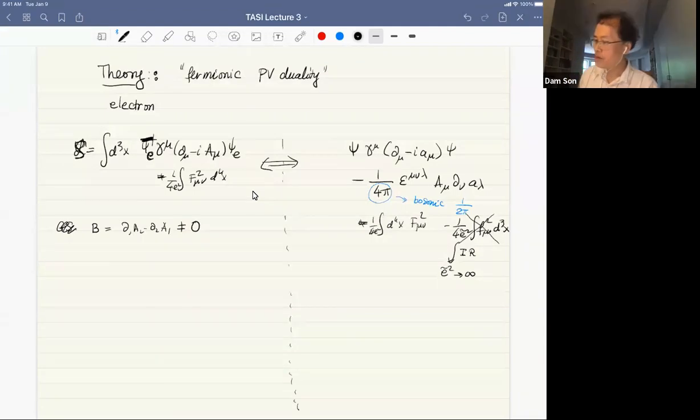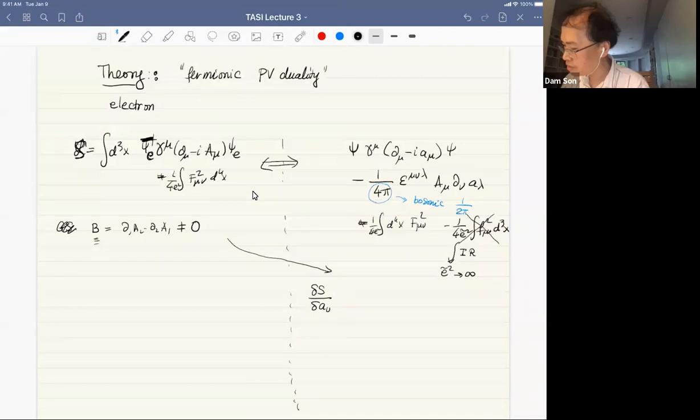Okay, so now if I have done that, then the magnetic field here is 0. So what does it correspond to in this case? On the other side, there is an equation of motion. Here dS over dA0 is equal to 0. And that means that we have psi bar gamma 0 psi minus b over 4 pi is equal to 0.